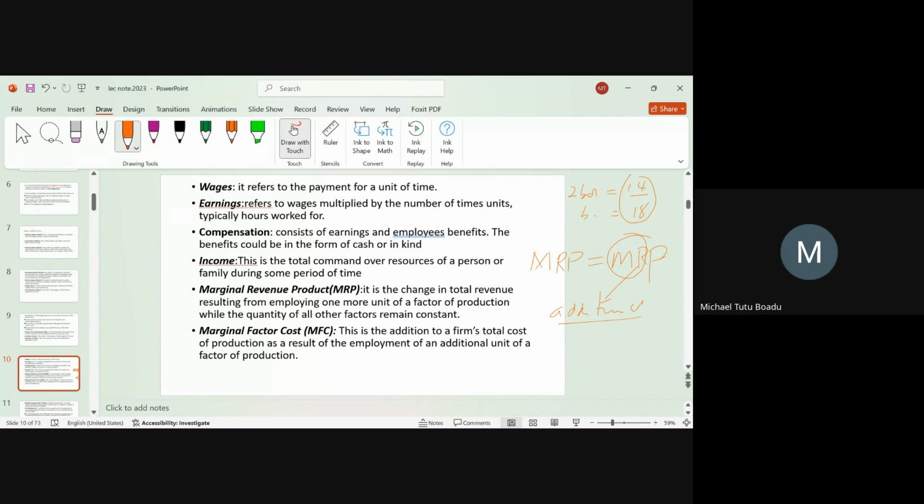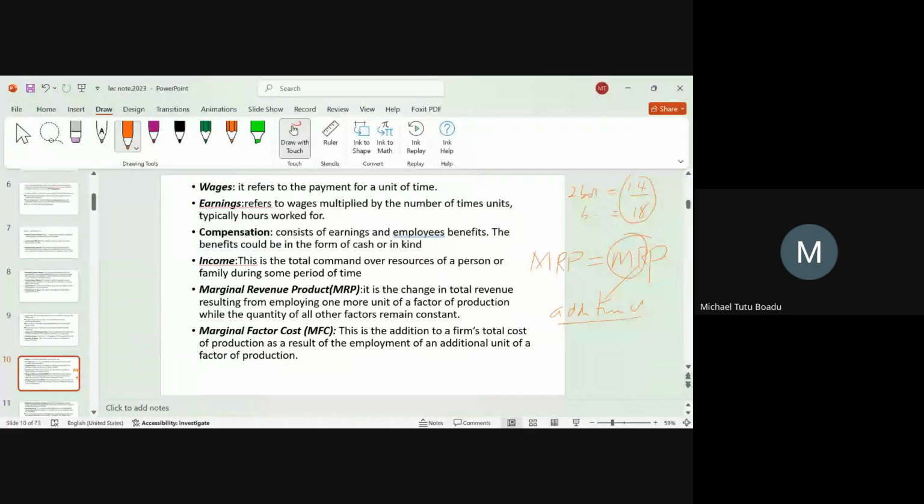So the additional revenue from the additional unit sale will give you your marginal revenue. So if you multiply your marginal revenue by the price of the product, then you are getting the marginal revenue product.